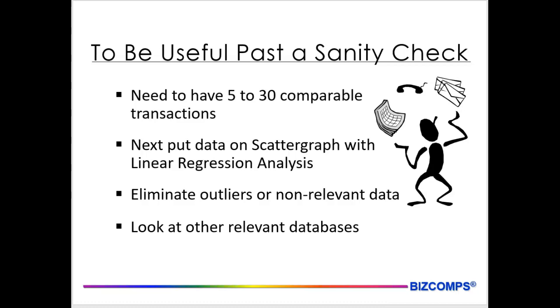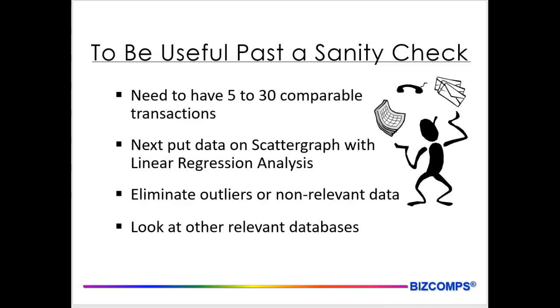And you want to look at things such as the coefficient of variation. That's very important. The coefficient of variation is a statistical measure of the data in the sample, and it tells you how close they are to each other and how good that grouping is. So usually a coefficient of variation of 0.30 is good. Anything below that's awesome. If it's a little above it, it still might be usable. Just depends.